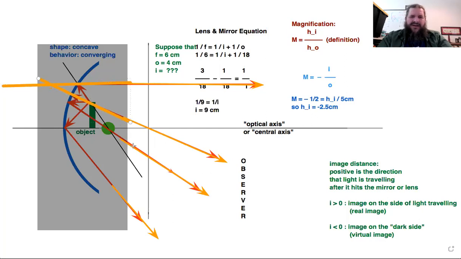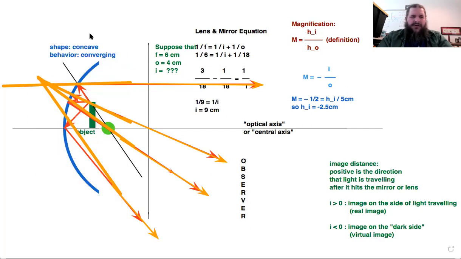And of course, they didn't actually come from back there, but they all seem to have come from back there if we backtrace these rays of light. And these aren't all exactly accurate, but I'll fudge it a little bit. Close enough. So this point right here behind the mirror is going to be what we call the image. We get an image at this point behind the mirror.